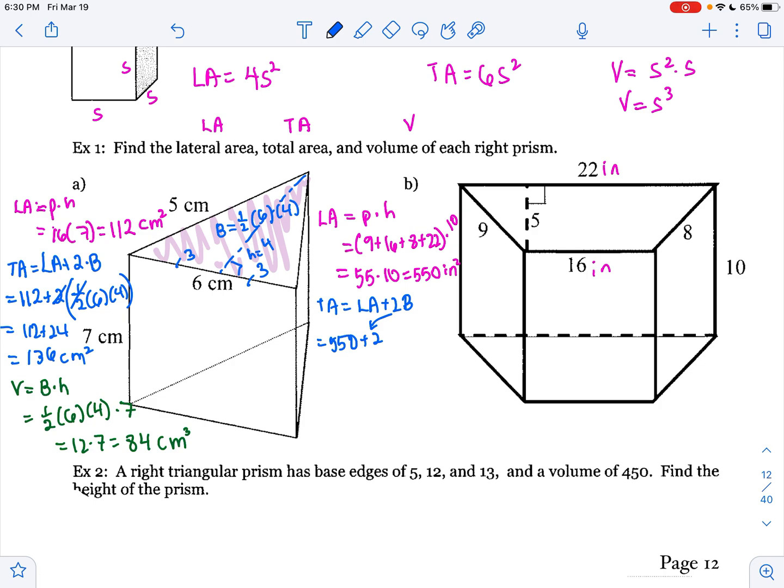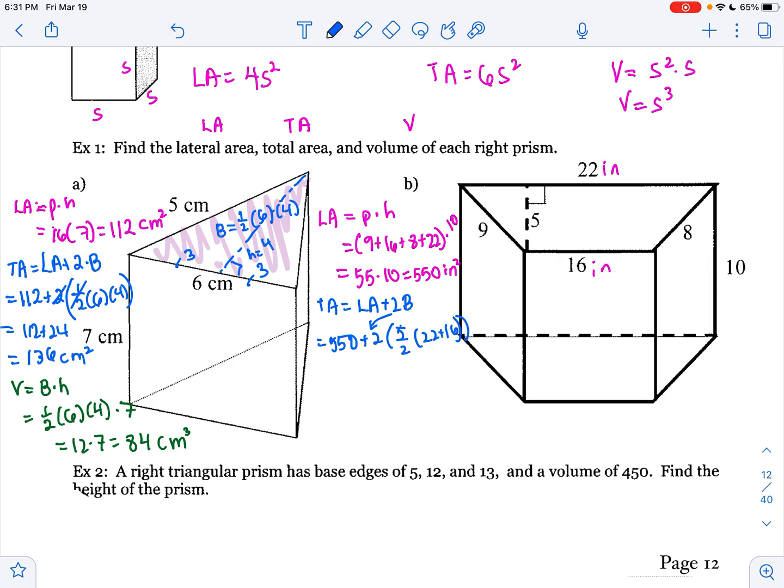And now we're going to insert the formula for the area of the base. In this case, the area of the base is that of the trapezoid. If you remember back to the trapezoid, it was height divided by 2 times base 1 plus base 2. So our height for this trapezoid is 5 divided by 2, times 22 plus 16.